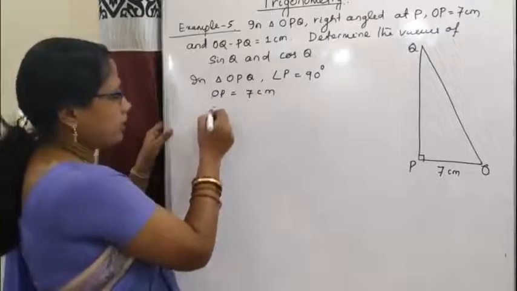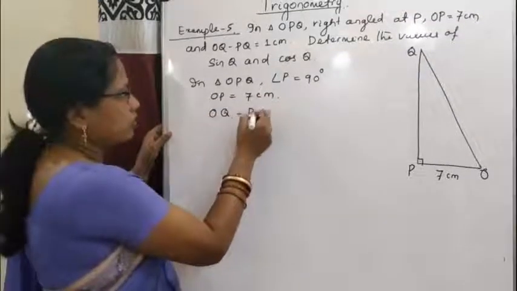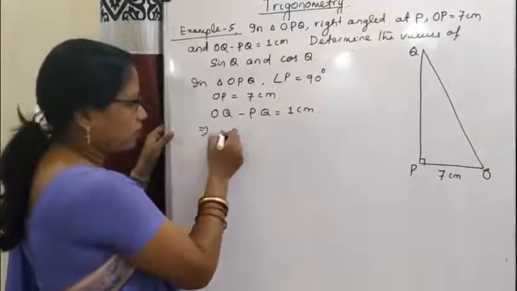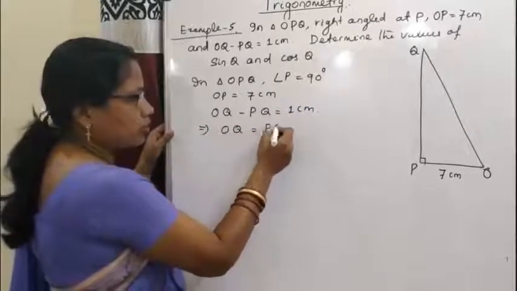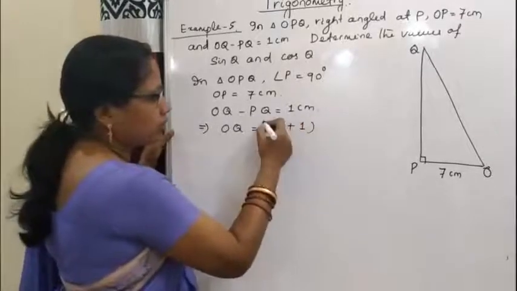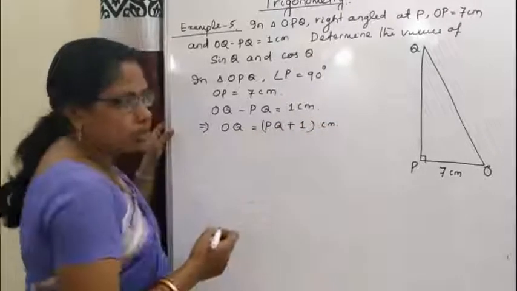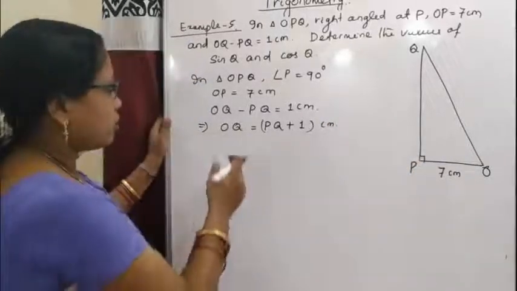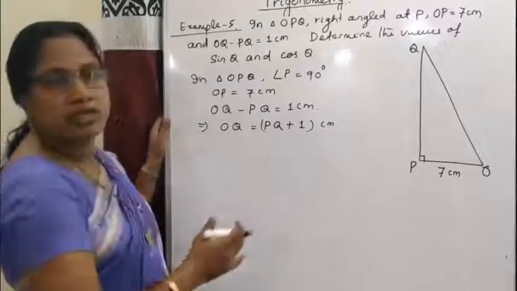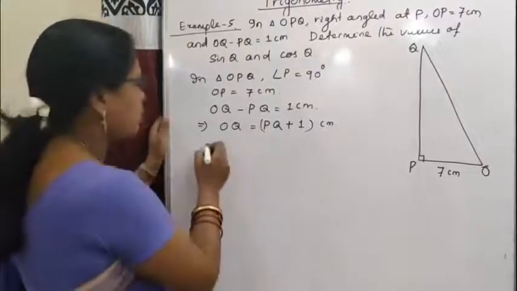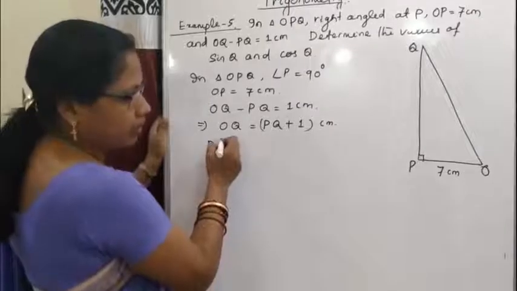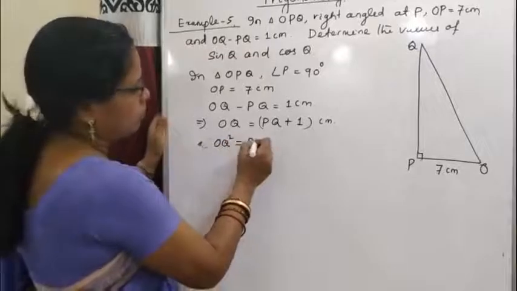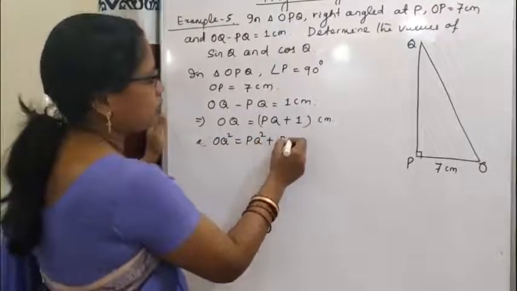And also it is given that OQ minus PQ is equal to 1 centimeter, or this implies OQ is equal to PQ plus 1 centimeter. So first we have to find the sides of the triangle. What is the relationship between the sides by using Pythagoras theorem? That is OQ square is equal to PQ square plus PO square.